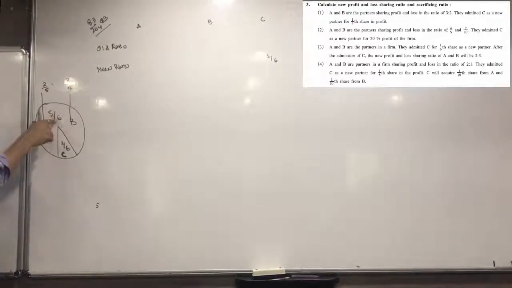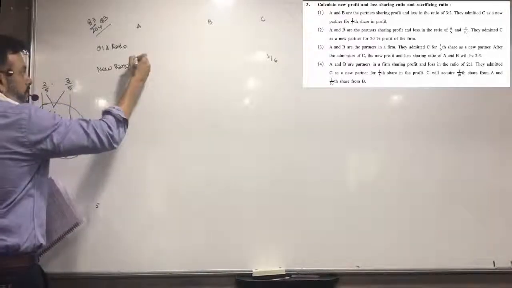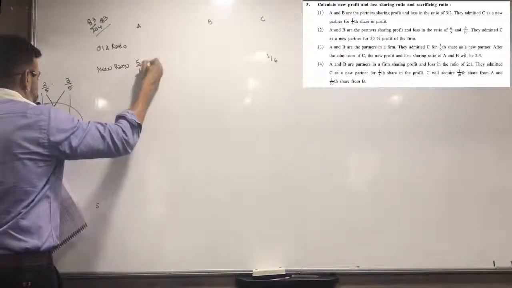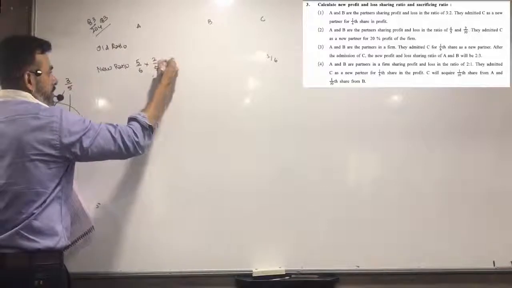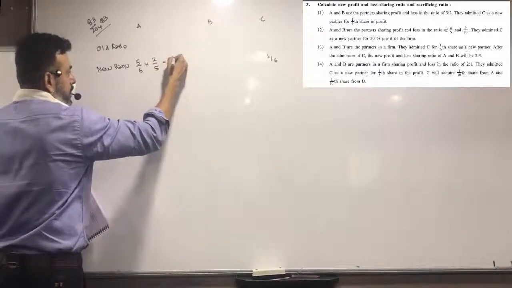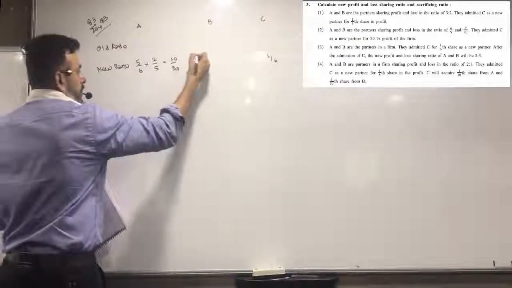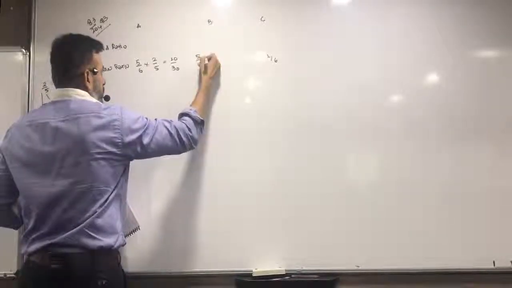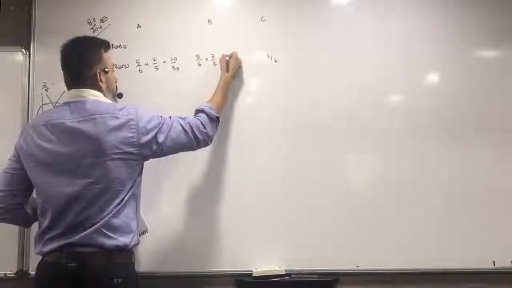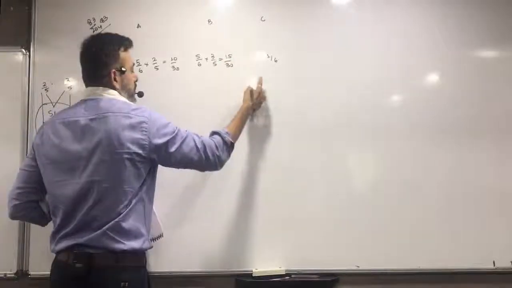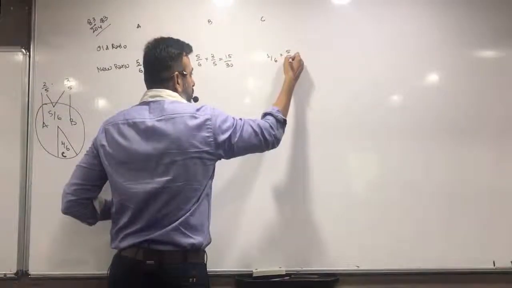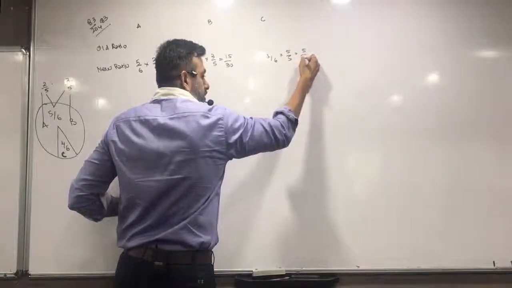So I multiply 5 by 6 into 2 by 5, and 5 by 6 into 3 by 5. Will we be able to find the new and the sacrifice? Okay. Now, new ratio: 5 by 6 into 2 by 5 is equal to 10 by 30. 5 by 6 into 3 by 5 is 15 by 30, and 1 by 6 is 5 by 30.